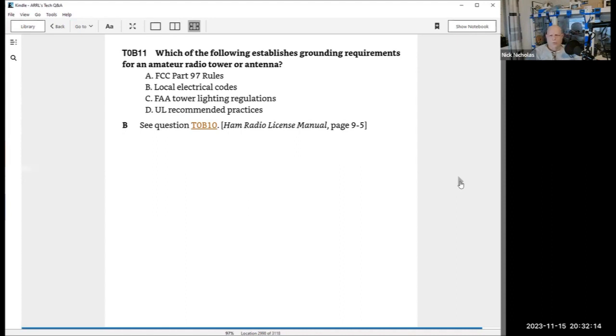Local electrical codes usually follow Part 90 or Article 810 of the National Electric Code, which covers radio and communications installations. The grounding requirements of 810 refer you back to Article 250, grounding and bonding, of the National Electric Code. That's several thousand pages of legal gobbledygook.